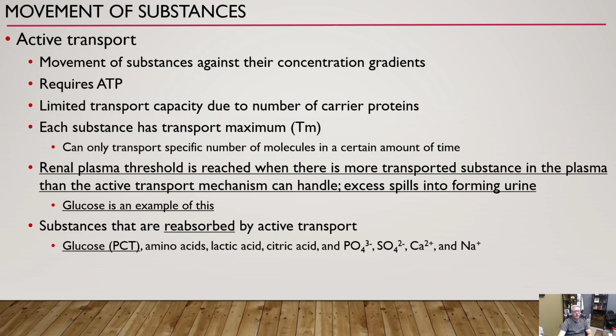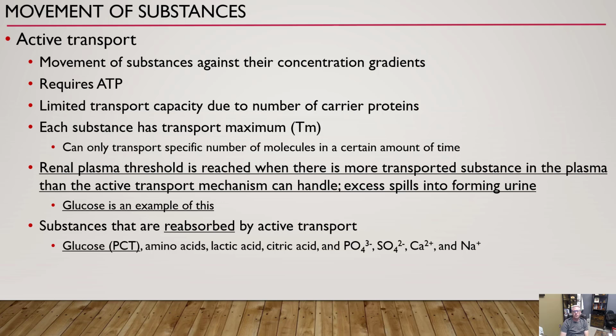All right, so movement of active transport of substances. Remember that it requires ATP and that we're going against our concentration gradient. But we can only throw so much against that concentration gradient. So each substance has this thing called a transport maximum.